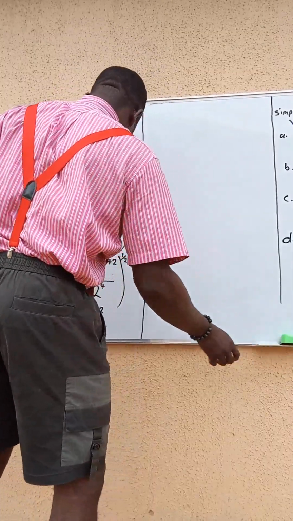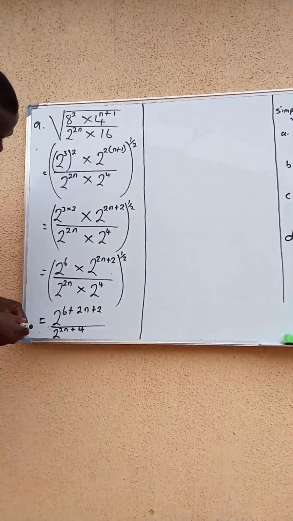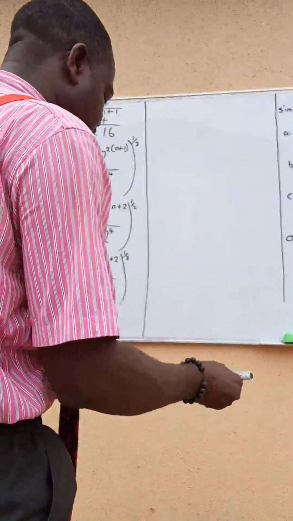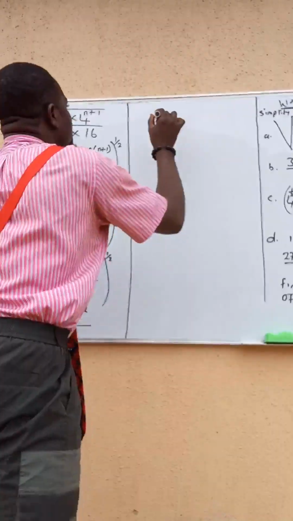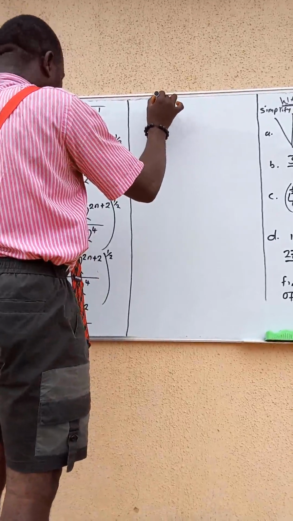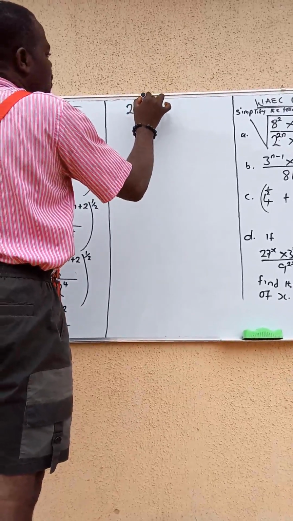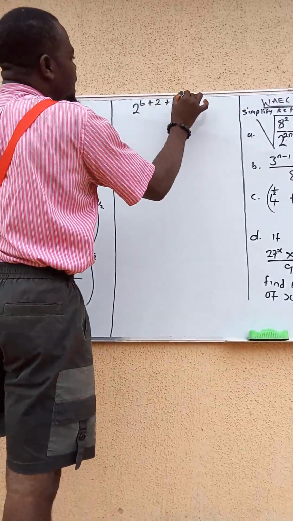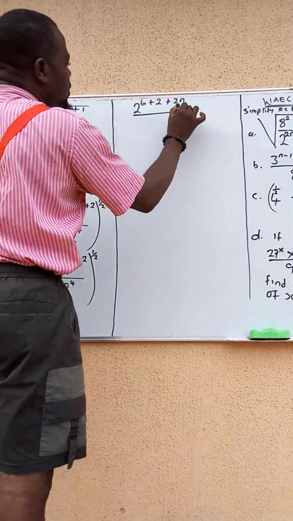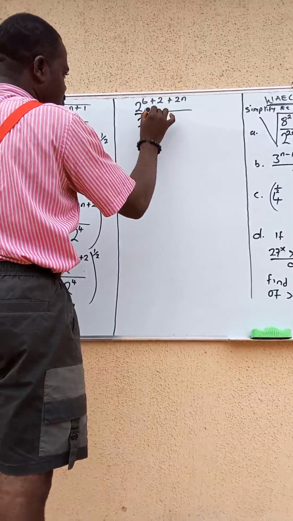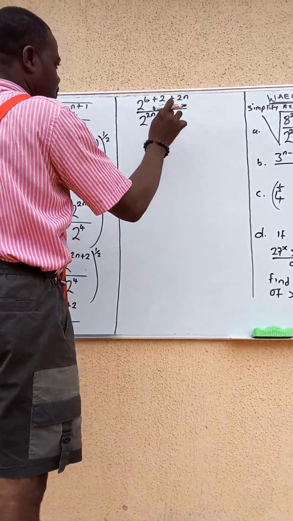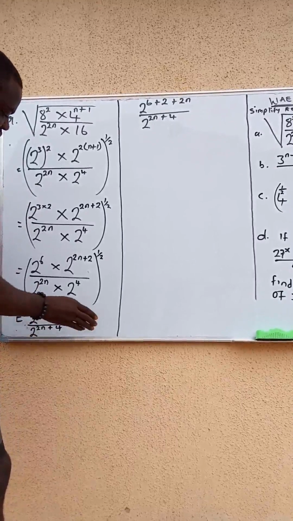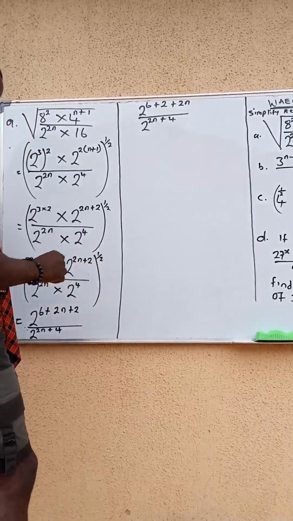So now I have to collect like terms. That is 2 raised to the power of 6 plus 2 plus 2n, over 2 raised to the power of 2n plus 4. Good. Like terms simply means the ones with numbers and the ones with variables, put them on one side.